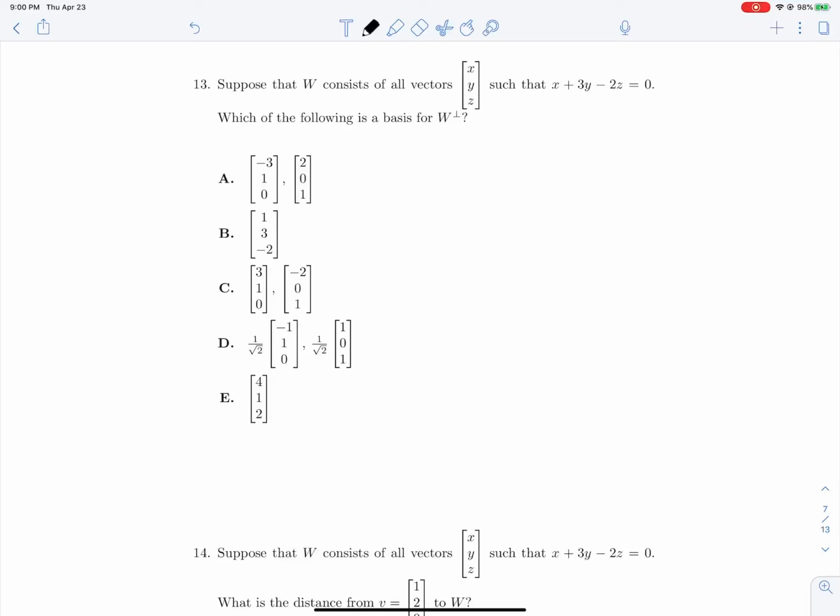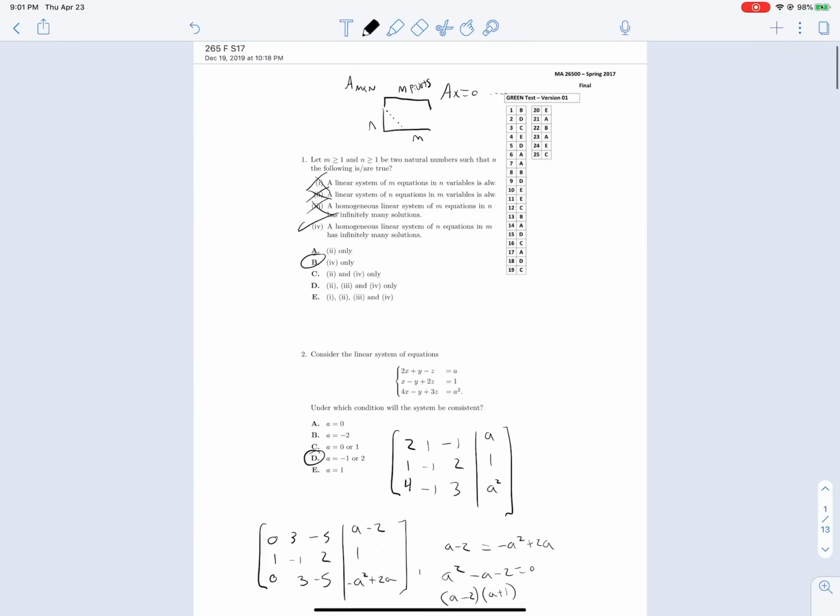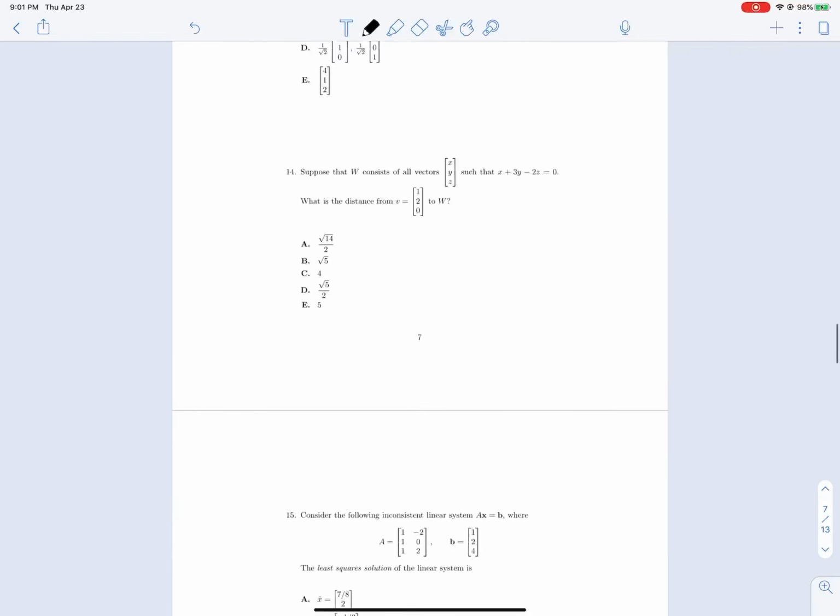So the basis for all vectors that are orthogonal to that plane is just the normal vector, which is formed from the coefficients on x, y, and z, so 1, 3, negative 2, and it really is that easy. For 13, that's B.